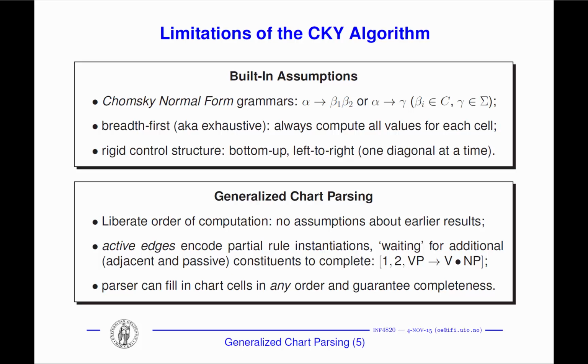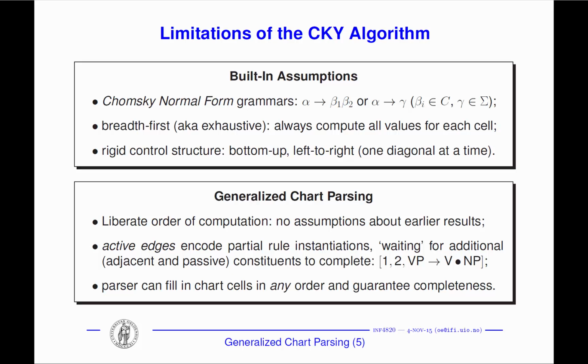And hence we'll now generalize it and introduce one additional notion. And that will have many good effects. So we'll preserve the strong points of the CKY algorithm, but remove all of these limitations. So we'll liberate the order of computation. We'll produce a variant of the algorithm where it doesn't matter in which order I compute cells, and where in principle I could introduce a notion of best first search.